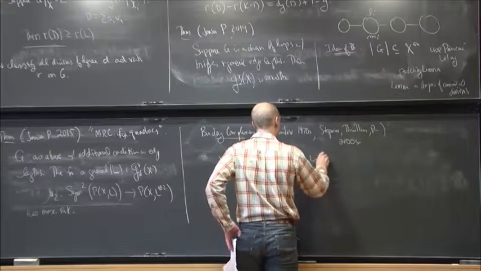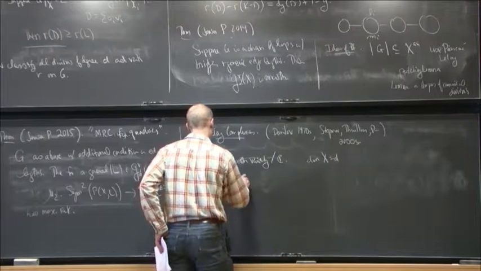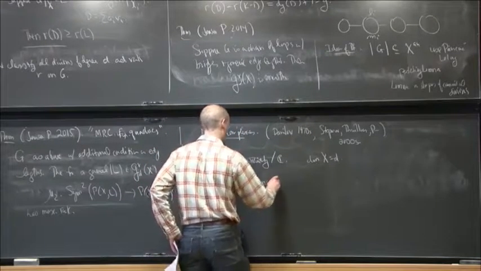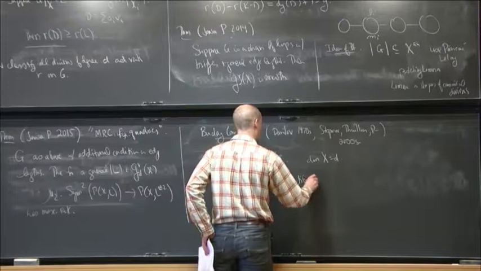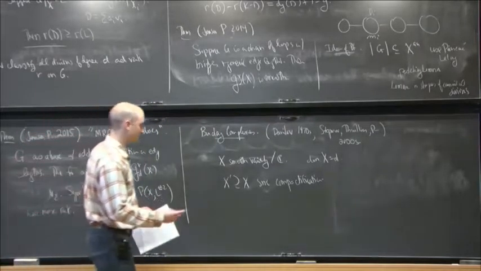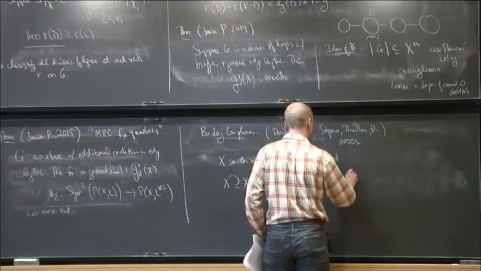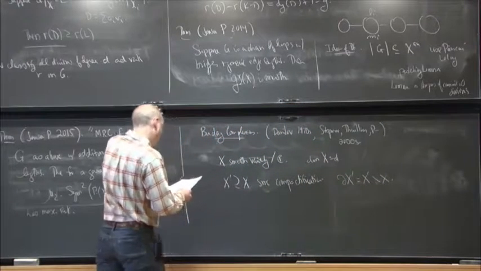And so say it's d-dimensional. And then we can choose a compactification where the boundary is a divisor with simple normal crossings. So this boundary divisor is the complement of X.